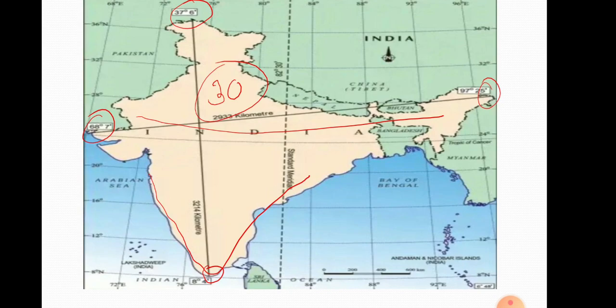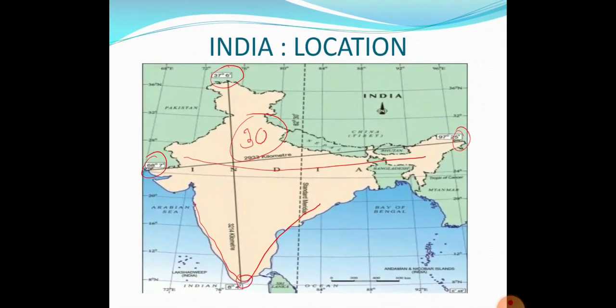You must remember what is longitude and latitude. If you want, I can make another video on longitude, latitude, equator, tropic of Cancer, and all this. Now we are 8 degree away from the equator. The equator is an imaginary line that divides the earth into two halves.